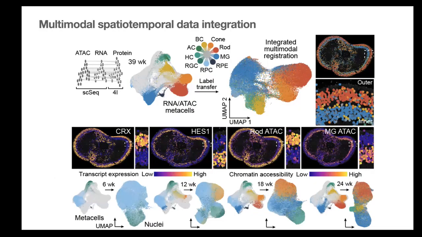Now coming to the actual integration. Our idea was to use RNA as our anchor data set, because for each protein we pretty much know which RNA transcript is responsible for its production, and the ATAC can be mapped to the RNA because the gene body corresponds to a certain transcript. So RNA is our pivot point for the data integration.